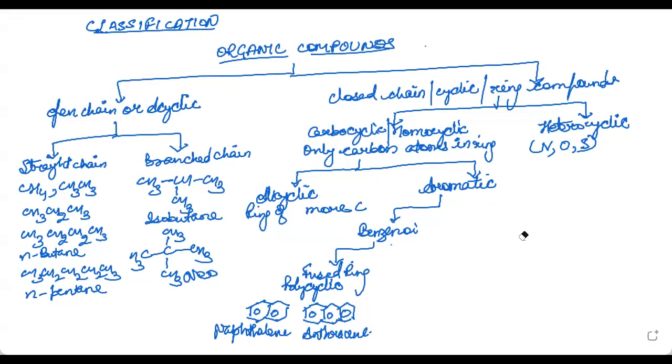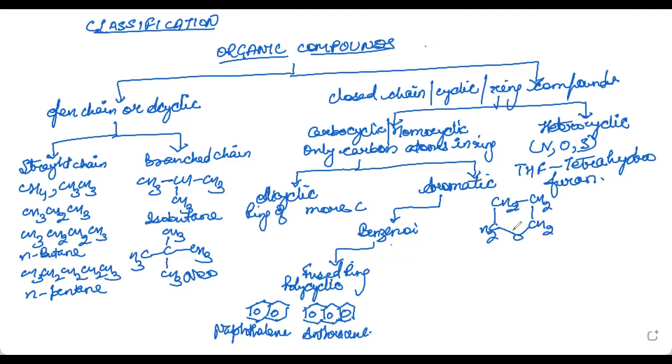So now we are taking the examples. The very first example is THF. THF is tetrahydrofuran. So it is like this: CH2, CH2, CH2, CH2, and oxygen.